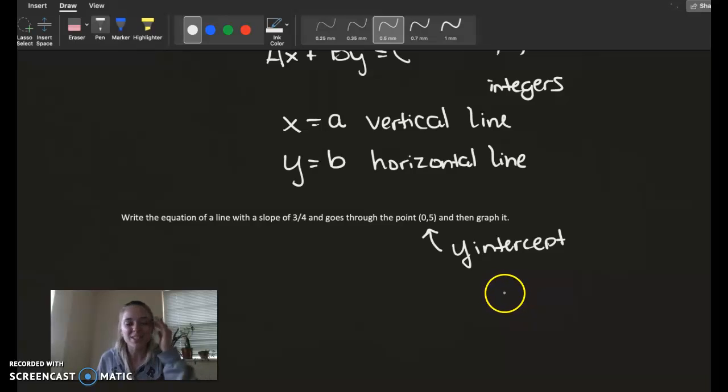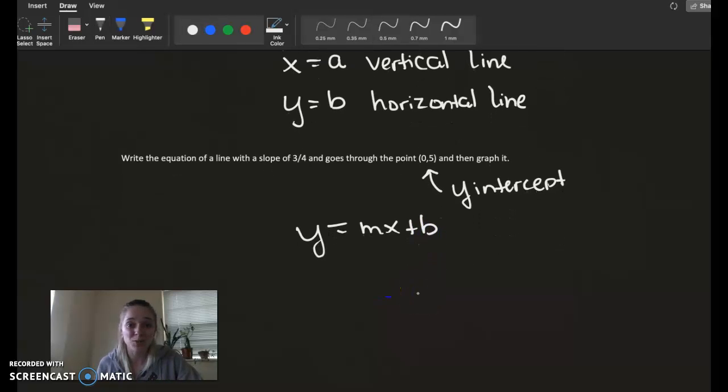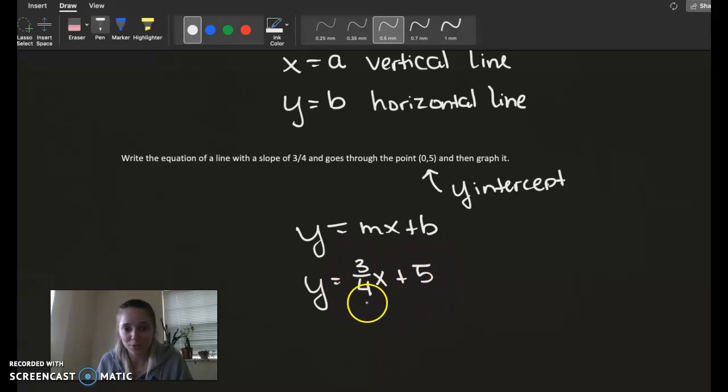So hopefully that rings a bell and tells you that you should be using the slope y-intercept form when you're writing the equation of the line, because if you're specifically given the y-intercept, you can just plug the numbers in. It doesn't work if it's a different point, but if it's the y-intercept, you can. So we would have y equals 3/4 x plus 5, because b is your y-intercept and 3/4 is your slope. So we have our equation.